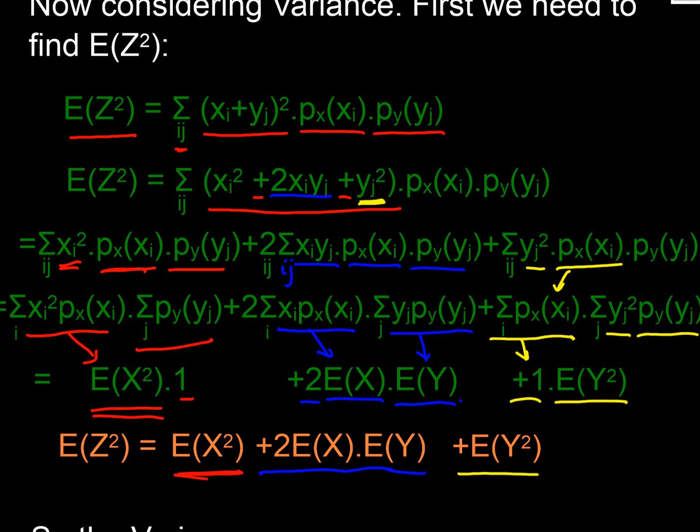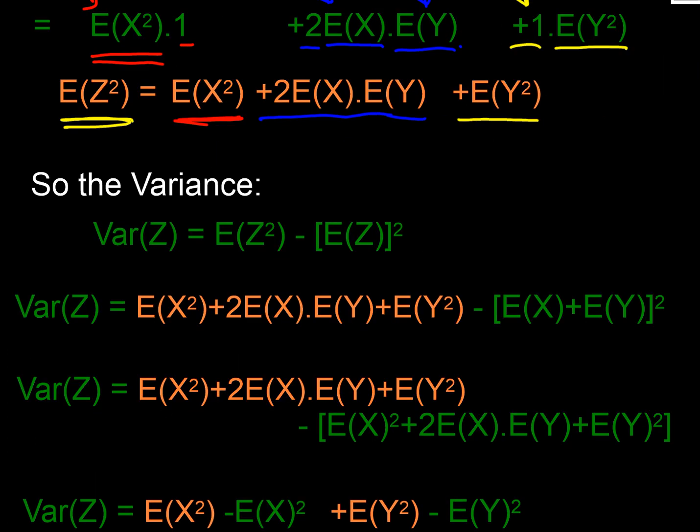So our final term is the expectation of y squared. Okay, so we've now found E of z squared.